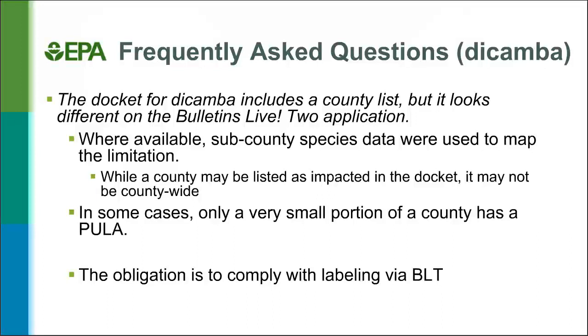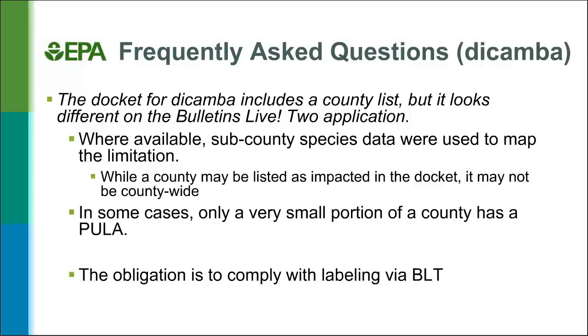Specifically for dicamba, we've heard that the docket for dicamba includes a county list, but it looks different on the Bulletins Live 2 application. Where available, sub-county species data were used to map the limitation. While a county may be listed as impacted in the docket, it may not be county-wide. In some cases, only a very small portion of the county has a PULA.